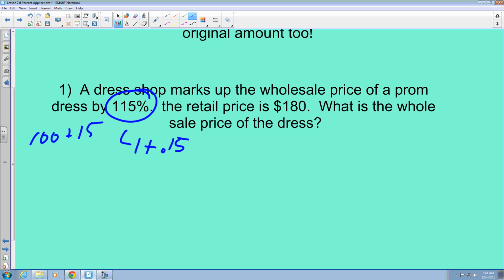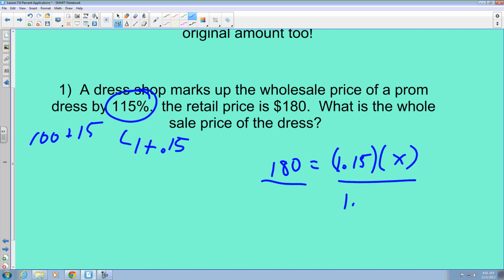Okay, so when we're doing this, it's going to be retail price, which is $180. That equals the 1 plus the markup percent. So this is going to be 1.15, and it's going to be multiplied by the wholesale price, which we don't know. So we're going to leave that as X. Then we're going to divide both sides by 1.15.